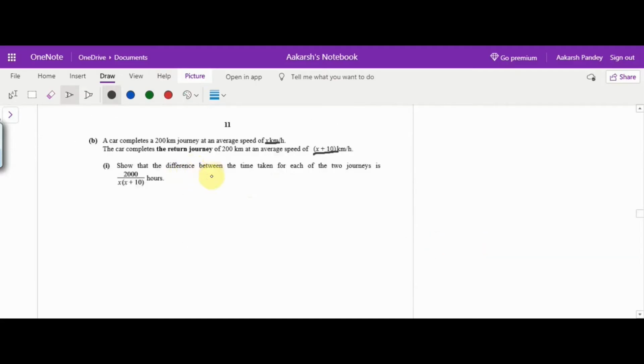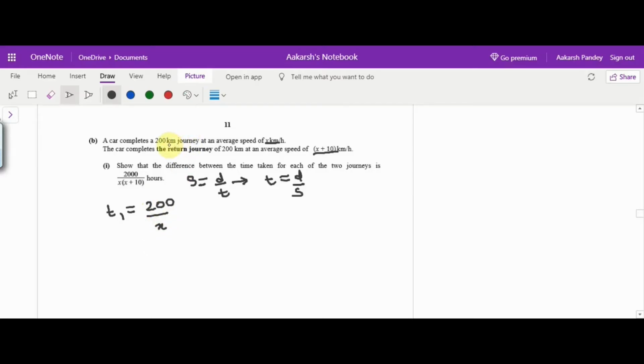34.14. Here one basic formula which we'll require is speed is distance upon time. Rearranging this, I get time is distance upon speed. So let me assume that t1 is the time taken while going to the destination. So t1 will be 200 by x.